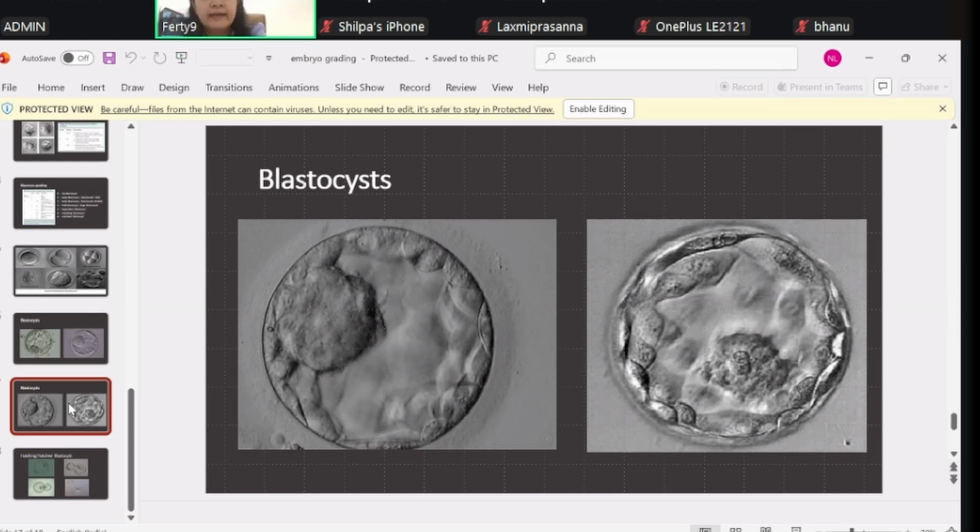So in the entire blastocyst, the water oozes out and the cryoprotectants fill the blastocyst. It is happening in a stepwise manner. Then once the timing of the blastocyst is achieved, we will be putting it into the liquid nitrogen. Then from there, the storing and all the documentation work we will be taking care of.